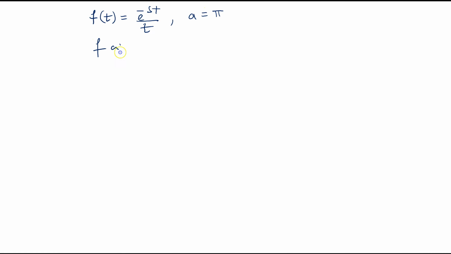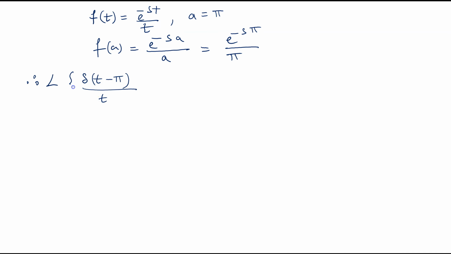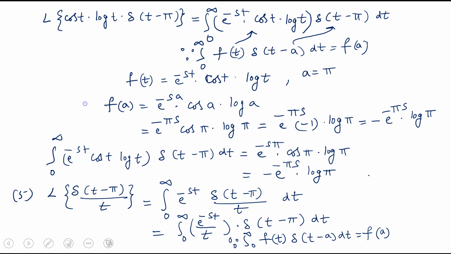Then f of a equal to e power minus s a upon a. But a is pi, which is equal to e power minus s pi upon pi. Therefore, Laplace transform of delta of t minus pi upon t is nothing but e power minus pi s upon pi. Now let us see the next question.